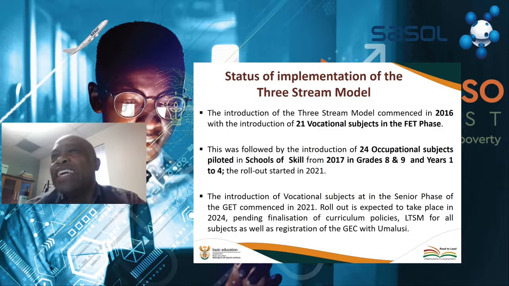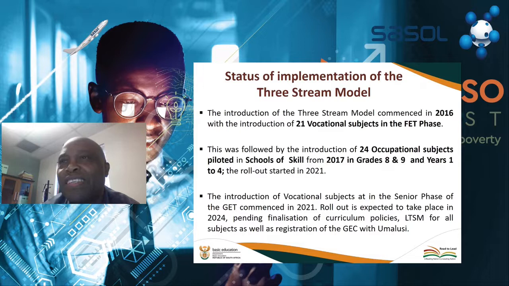This was followed by the introduction of 24 occupational subjects piloted in schools of skill from 2017 in grades 8 and 9 and years 1 to 4. The rollout actually started in 2021.